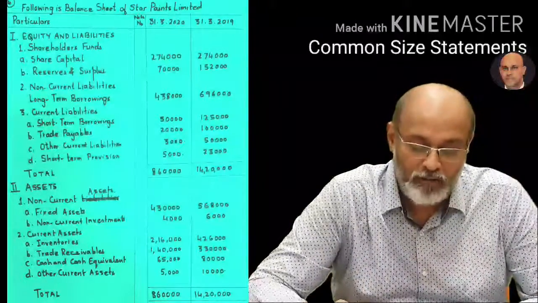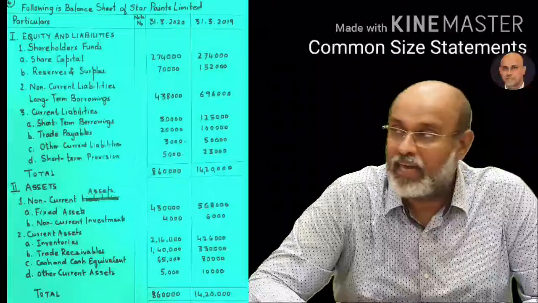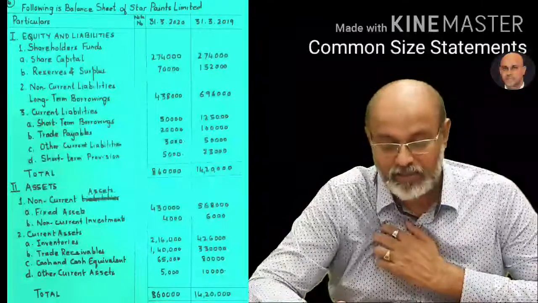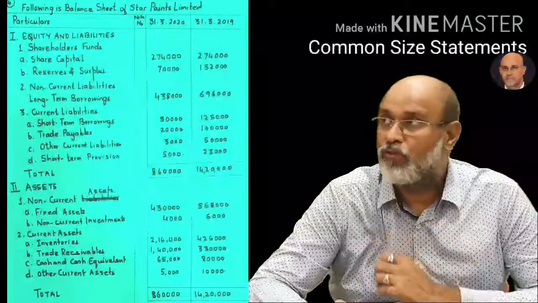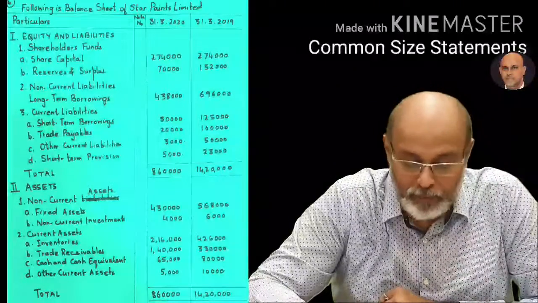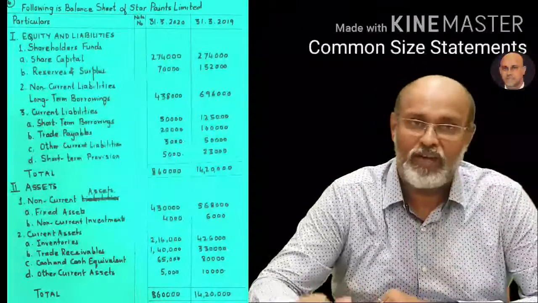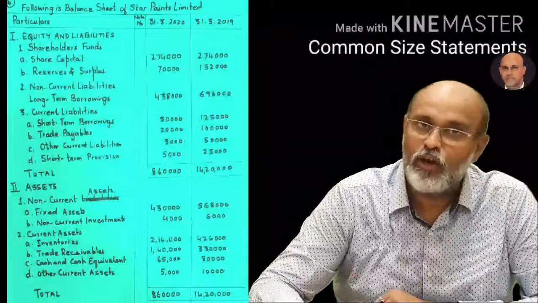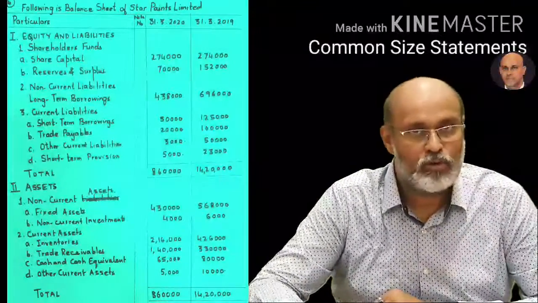Then you have your other current assets, which are your prepaid expenses, that is 5,000. So 5,000 divided by 8,60,000 multiplied by 100, you will get 0.58%. If you total your current year assets, it will total to 100.